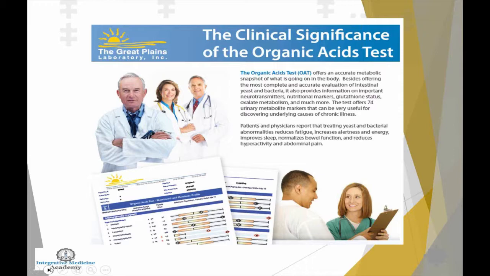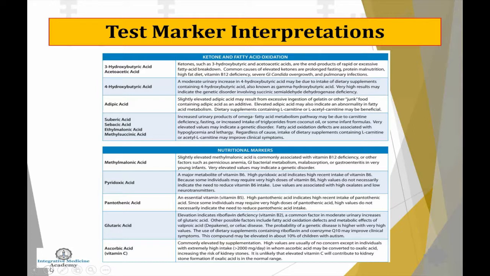There are a lot of markers on this test worth knowing, but not every one you have to memorize, okay? It's impossible to memorize every single marker. There are ones that you see more commonly, and ones that show up from time to time. If you go to Great Plains' website, under the test section where you can learn more about each test, go into the organic acid test page, and you can access an online clinical significance of the organic acid test interpretation booklet.